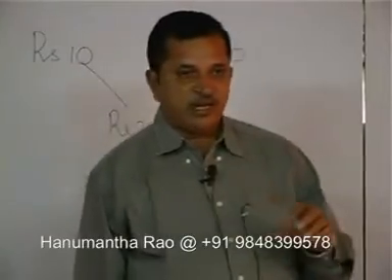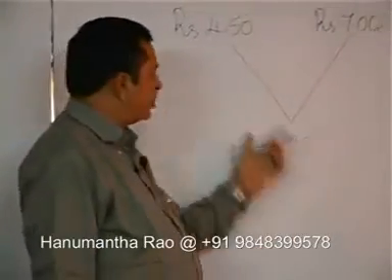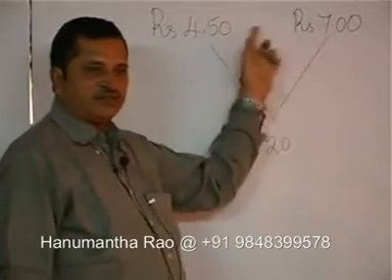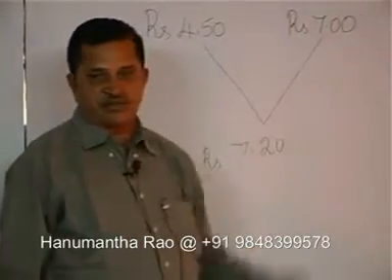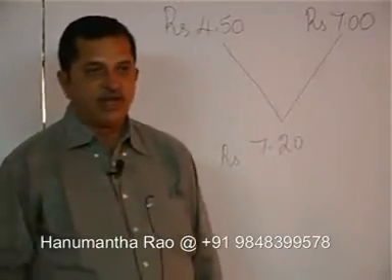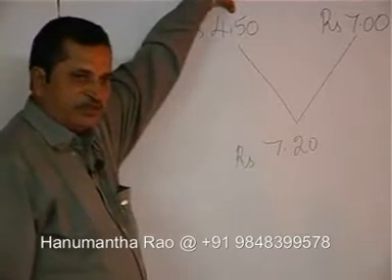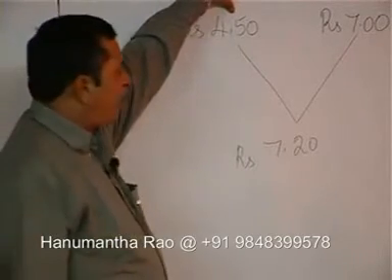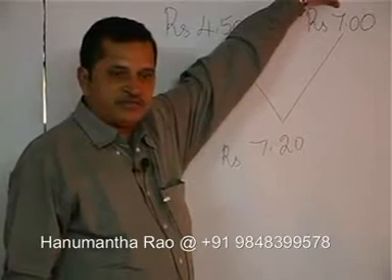Observe one thing: the mean value should lie between these two values, is it not? But this 7.20 is more than this 7 rupees. One variety of rice is costing 4 rupees 50 paisa, another variety is costing 7 rupees.